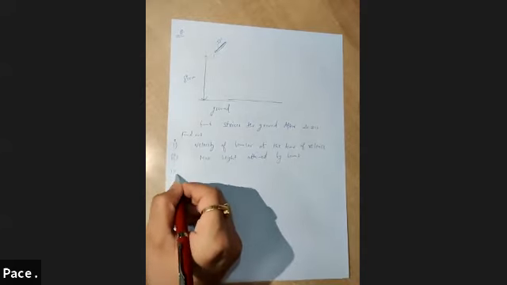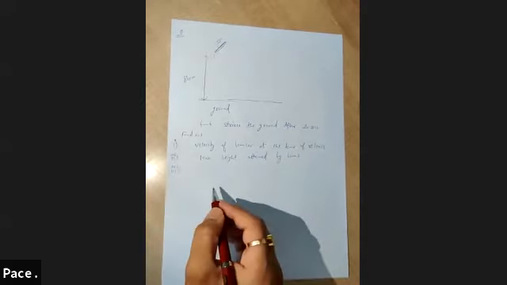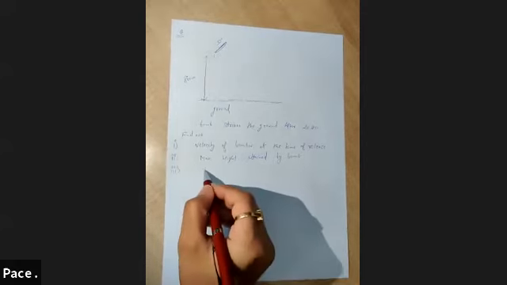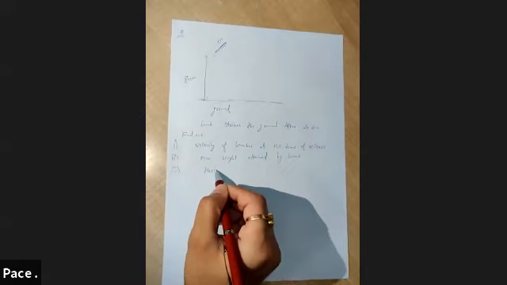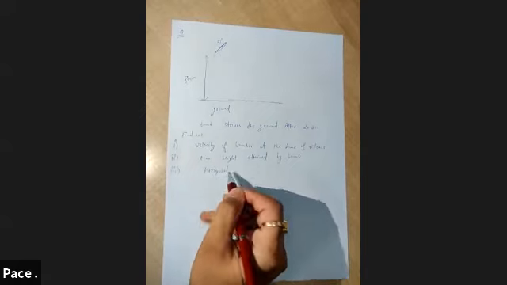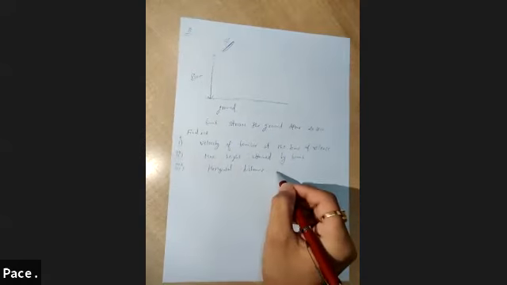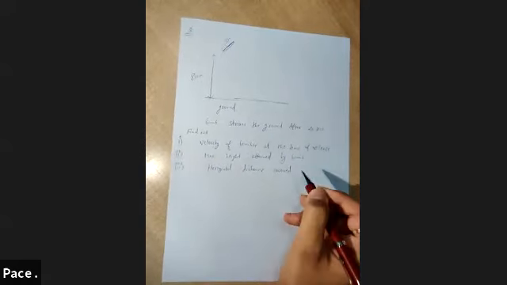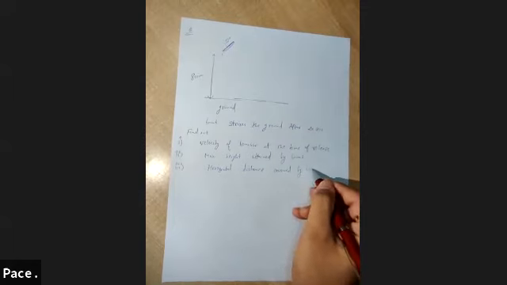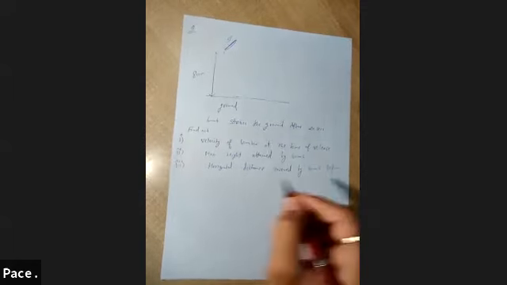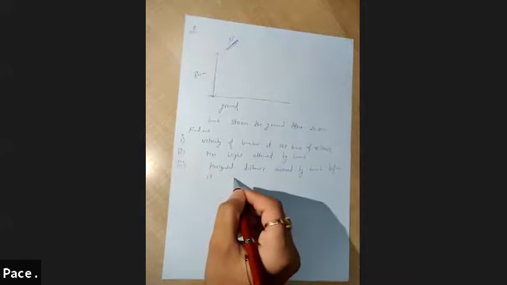Third part: horizontal distance covered by the bomb before it strikes the ground. Basically range. They are asking you horizontal distance covered by bomb before it strikes ground.